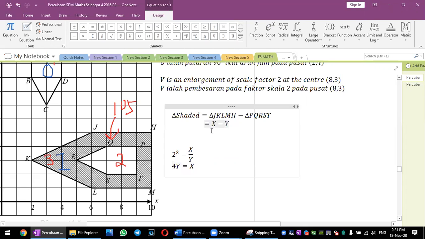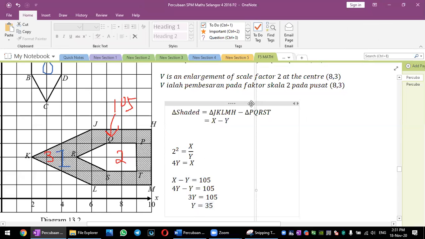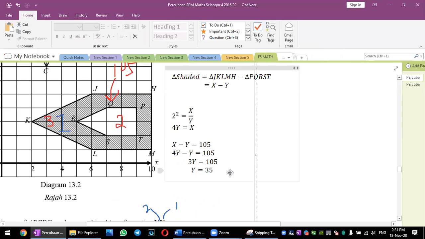Then you just need to sub in. Since X equals 4Y, and X minus Y, the big one minus the small one, equals 105, you just sub in. 4Y minus Y equals 105. So 4Y minus 1Y, 3Y equals 105. So 1Y is what? Bahagi 3, 105 bahagi 3, 35. What is Y? Y is the object, PQRST.